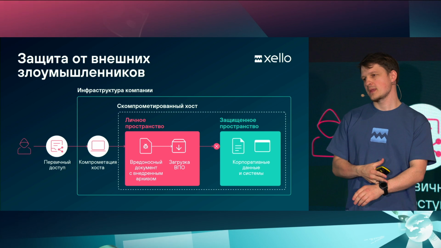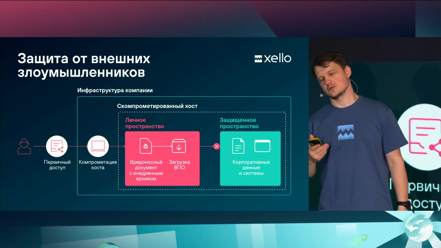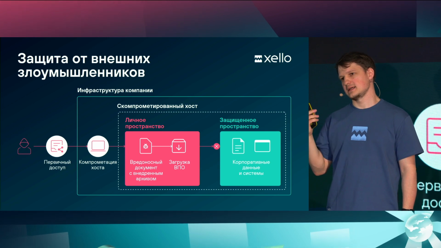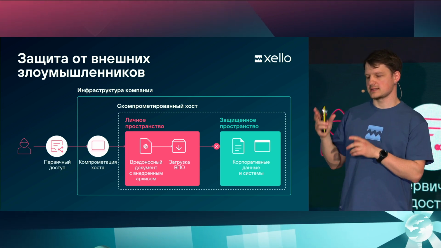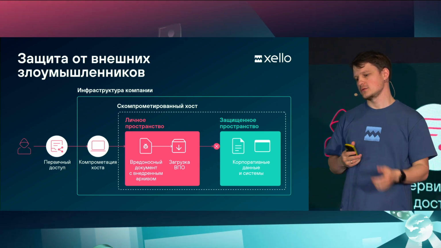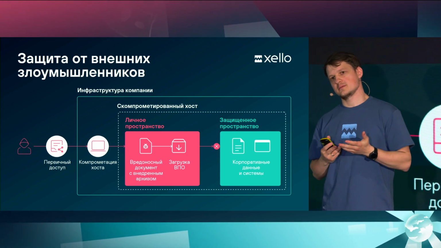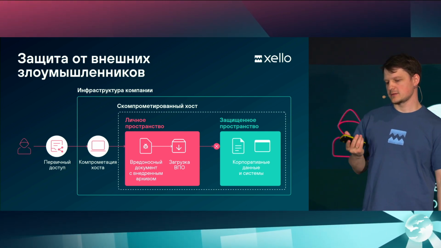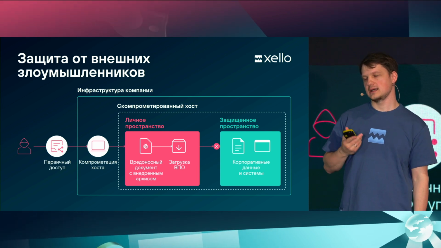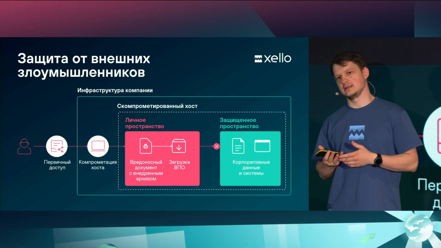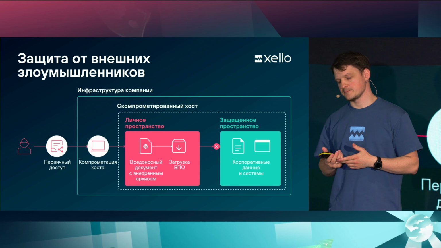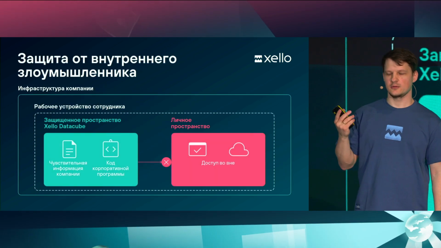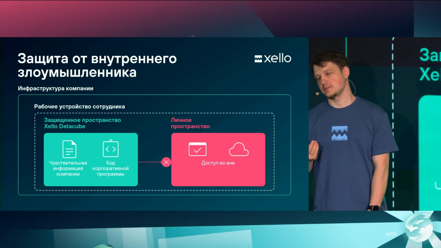So if there is an intruder getting access to the employee's device, they will see only personal data of this employee, because all corporate data is located in the protected area. So Metasploits and encoders on the employee computer won't be able to compromise the corporate resources.